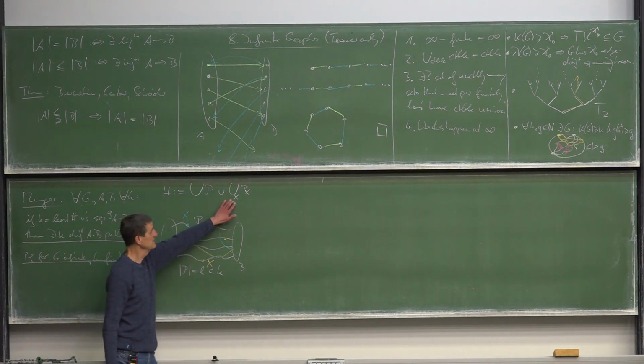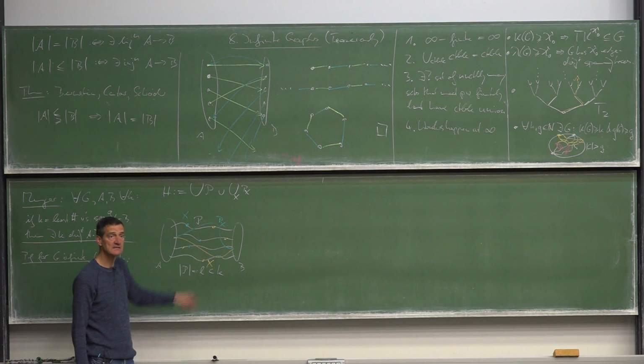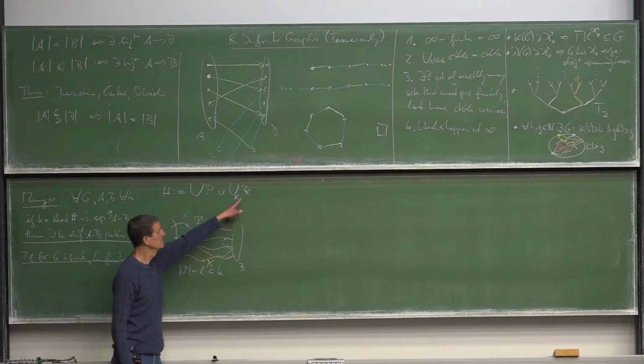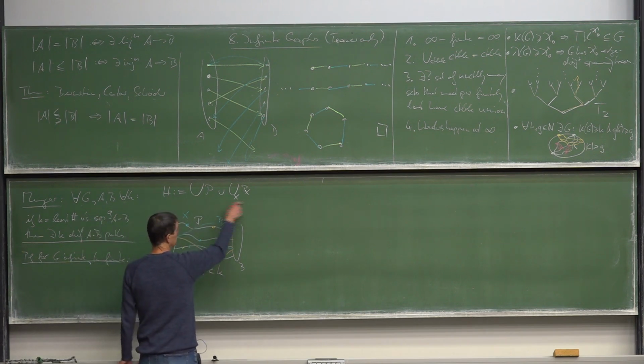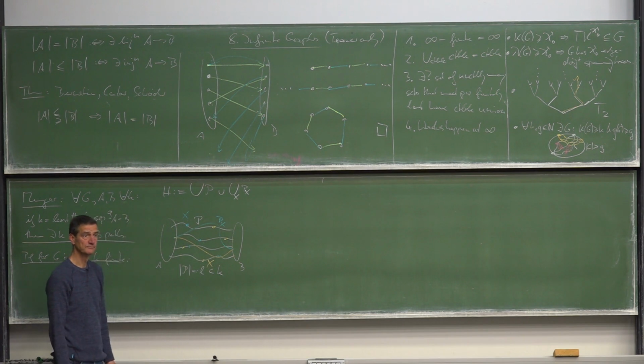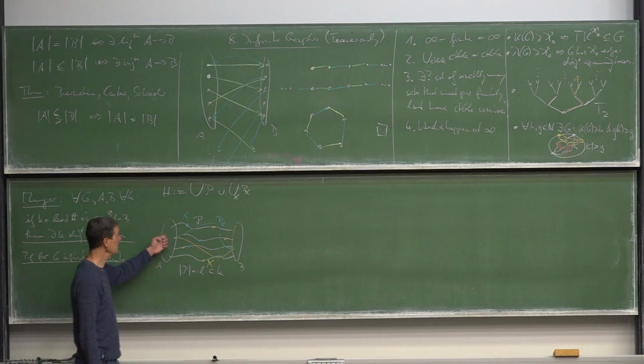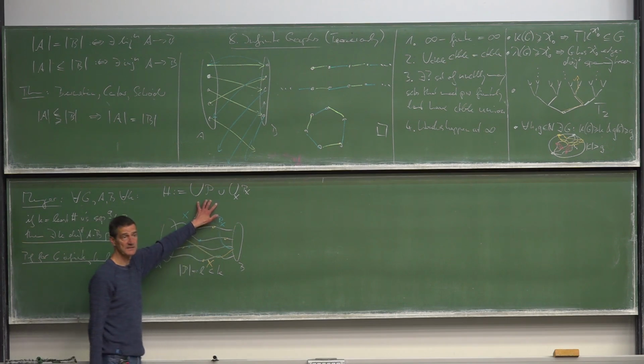So for every little colored X, only finitely many, we choose such an avoiding path PX. That's a finite graph. So apply finite Menger to A and B in this particular graph.